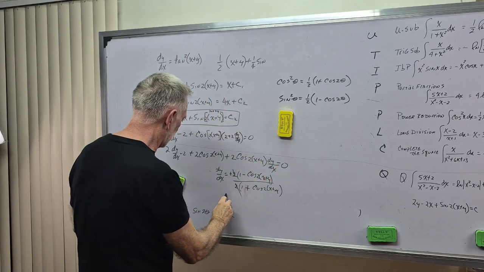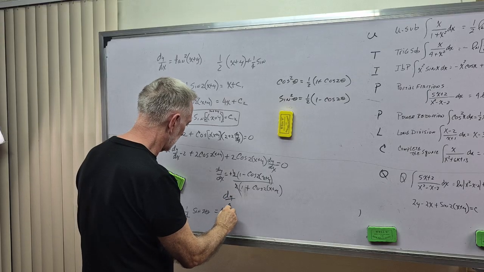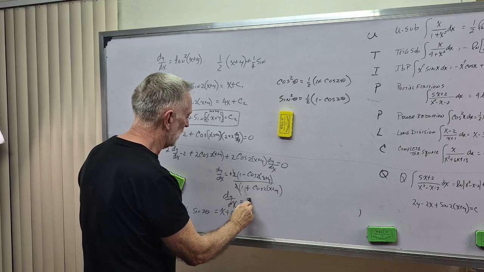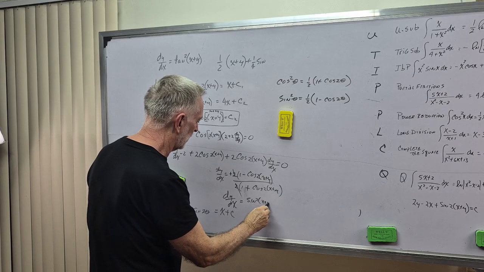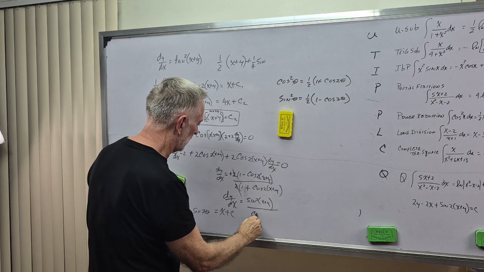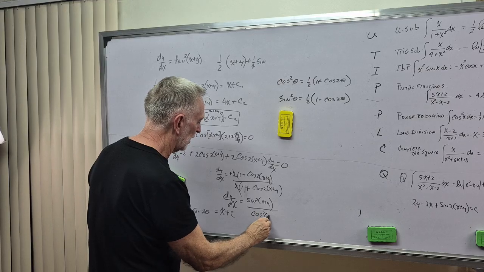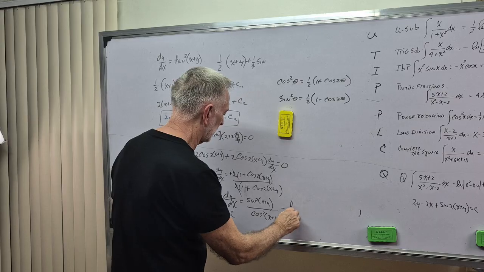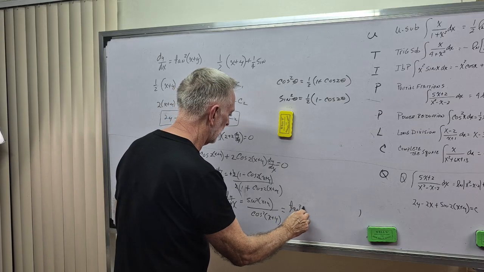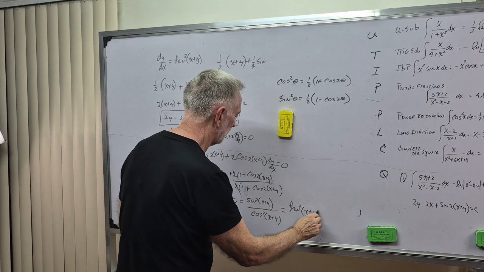So dy/dx equals sine squared(x plus y) over cosine squared(x plus y). Hey, what is that? Tangent squared(x plus y).